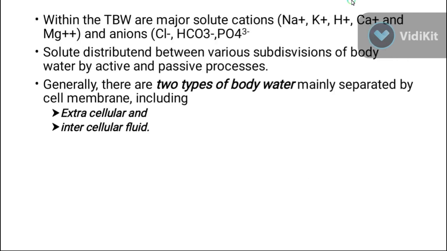Within the TBW are major solute cations, Na+, K+, H+, Ca2+ and Mg2+, and anions, Cl-, HCO3-, PO4 3-. Solutes are distributed between various subdivisions of body water by active and passive processes. Generally, there are two types of body water mainly separated by the cell membrane, including extracellular and intracellular fluid.